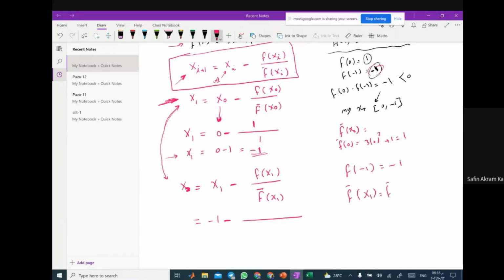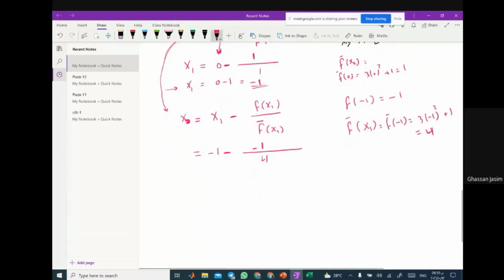It's f dash of minus 1. It will be 3 times minus 1 squared plus 1. It will be 4. Good. We have here minus 1 over 4.